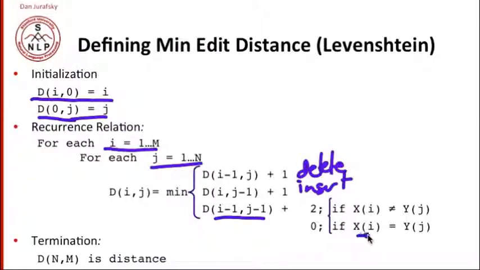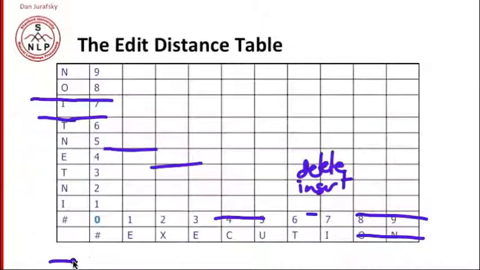If it's the same in both strings, we have a cost of 0. If it's different, we have a substitution cost of 2. And then at the end, the distance between the two strings is simply d(n,m), the upper right corner of the matrix.